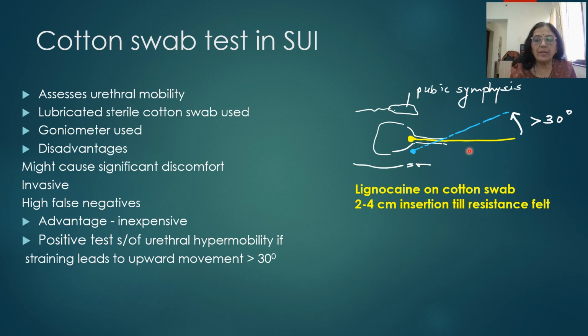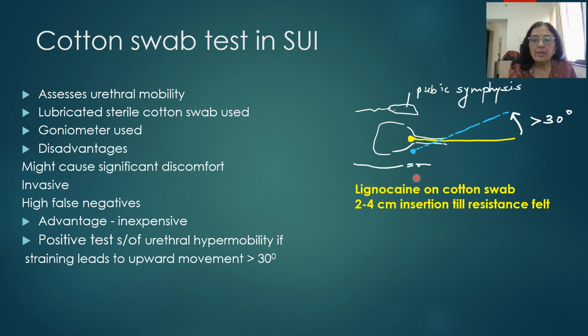Diagrammatically, this is the pubic symphysis, this is the bladder, and this is the cotton swab, and if it moves in the upward direction with a movement of greater than 30 degrees, we say that it is a positive test. A positive test is suggestive of urethral hypermobility.